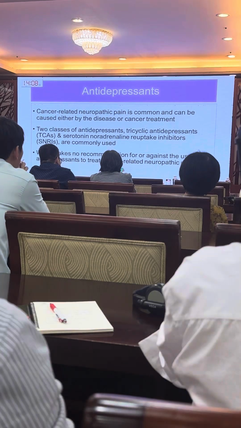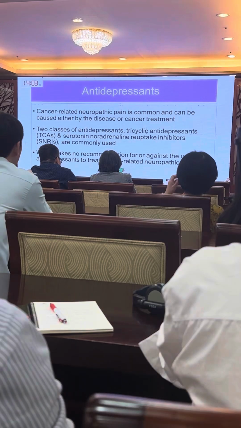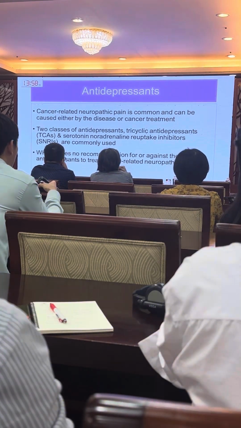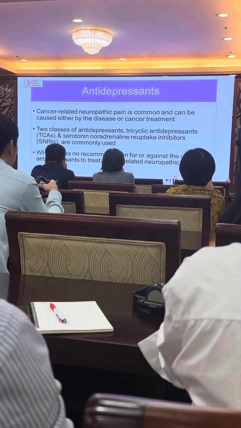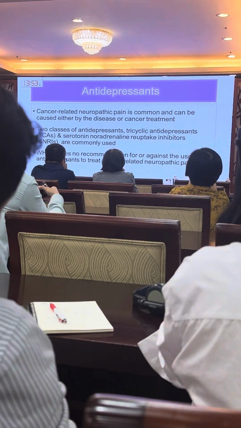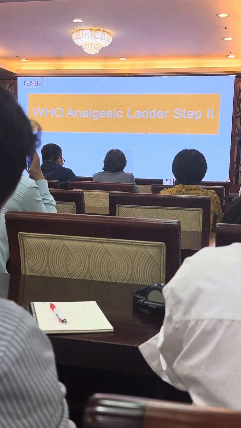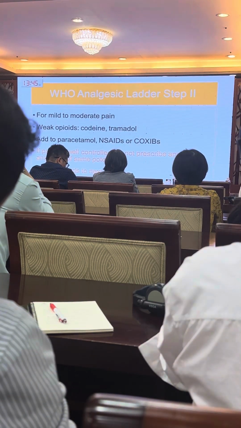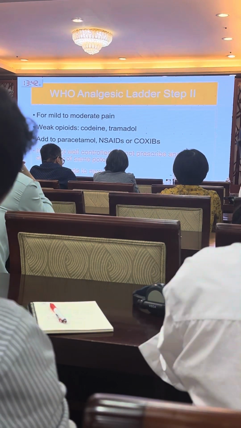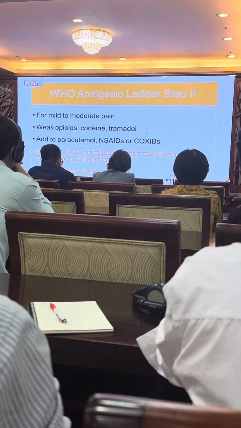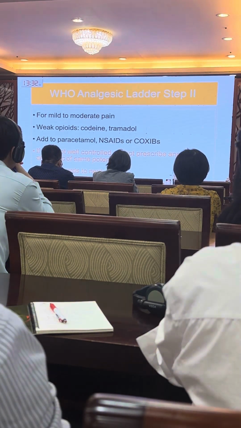For any cancer patients who have neuropathic pain, we follow the standard neuropathic pain guideline, but we still follow the WHO analgesic ladder. So for those patients, we recommend using opioid to treat cancer neuropathic pain. For WHO analgesic ladder step 2, this is for mild to moderate pain, or for cancer patients who have mild pain which doesn't respond to the non-opioid, or for those who cannot tolerate the side effects of non-opioid.